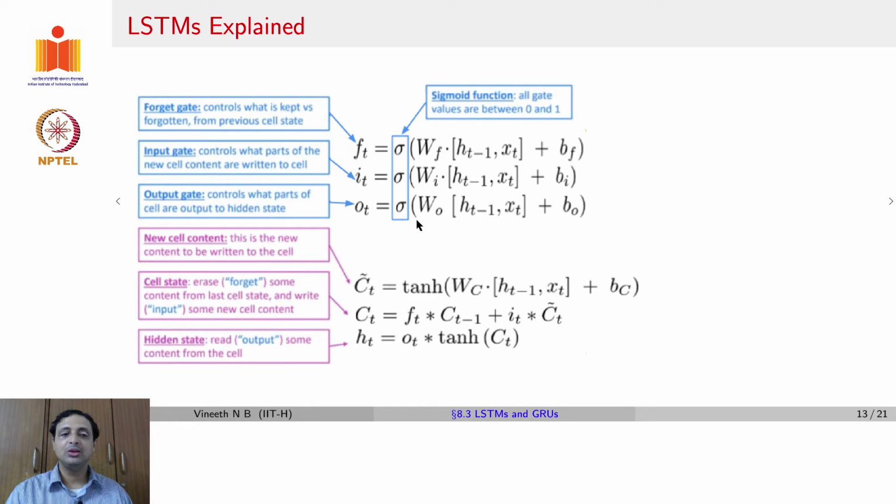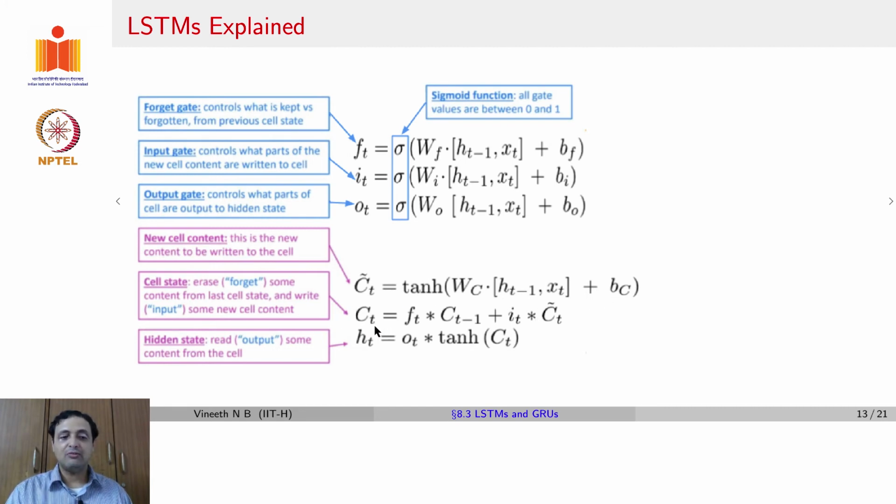All of them use a sigmoid activation function so that the output is similar to a gating mechanism and the values lie between 0 and 1. And c tilde t is the new cell content that you want to write to the cell. That's just a simple processing of the inputs.